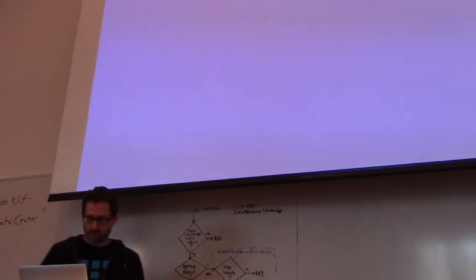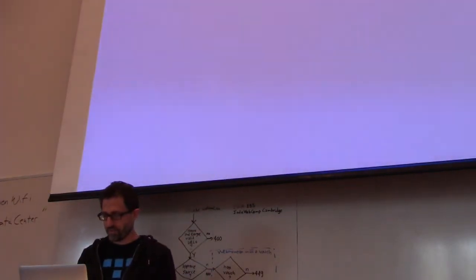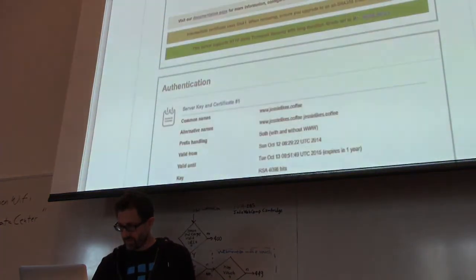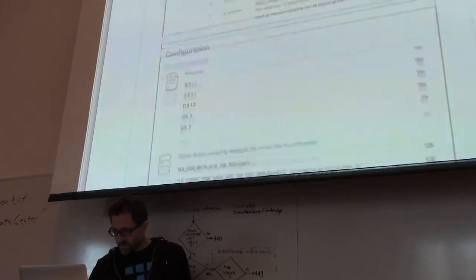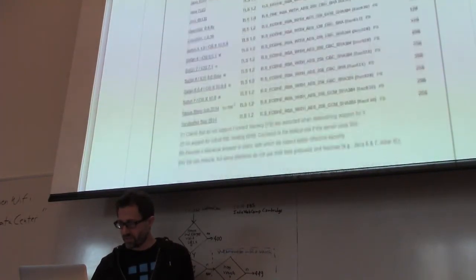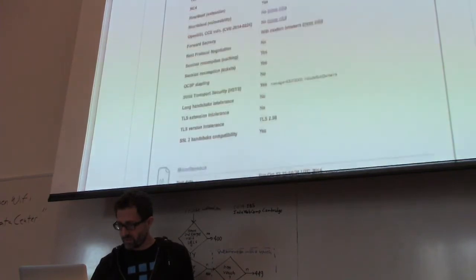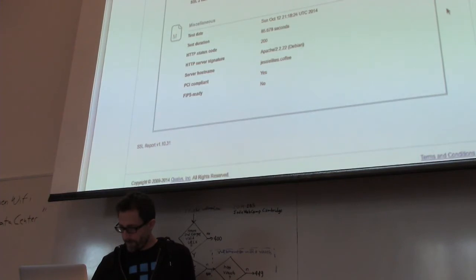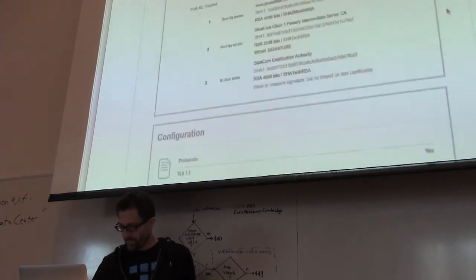Like, are you supporting forward secrecy? Are you rejecting old ciphers? Are you doing all these kinds of things? You can see it has a whole bunch of different tests that they're showing there. And it's checking for all kinds of different attacks and things. That's pretty awesome.